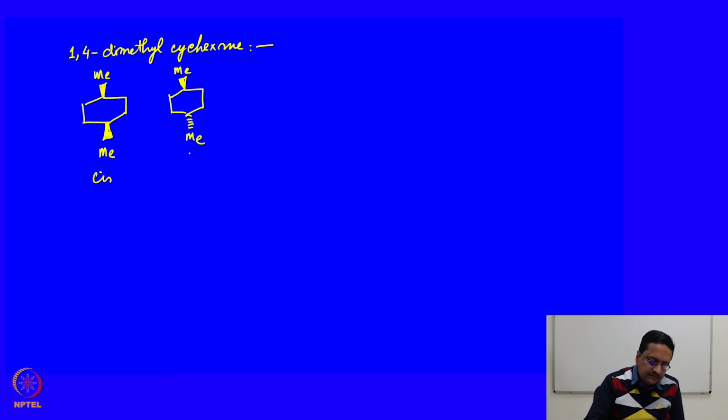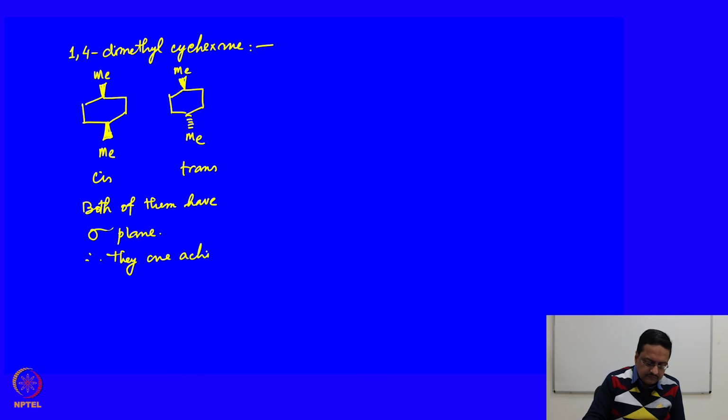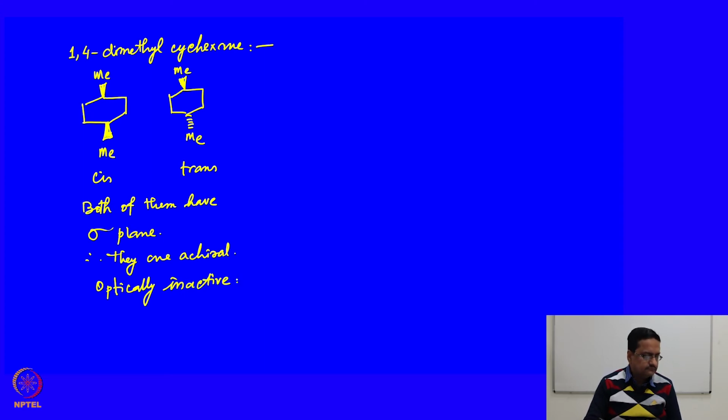We see that both of them have a sigma plane. Therefore, they are achiral and optically inactive, right.